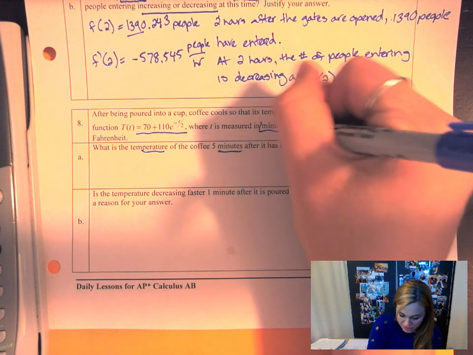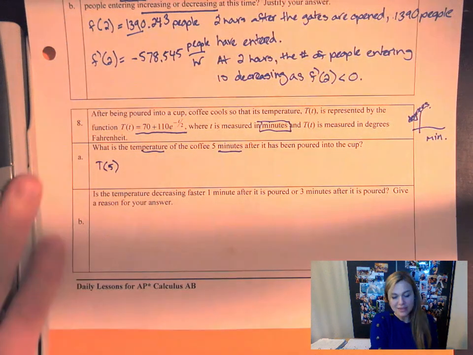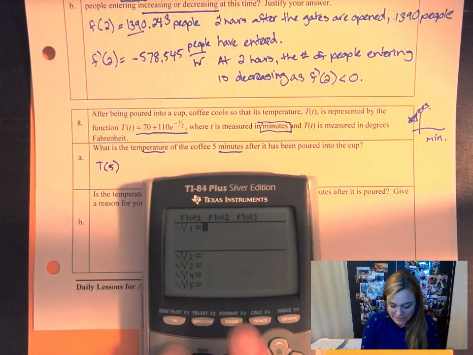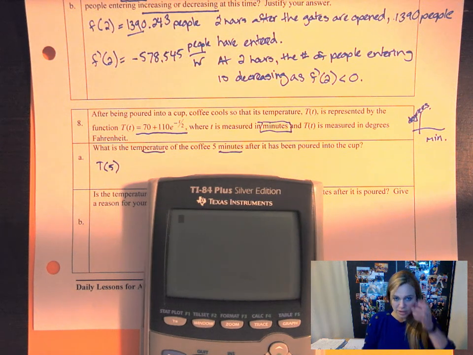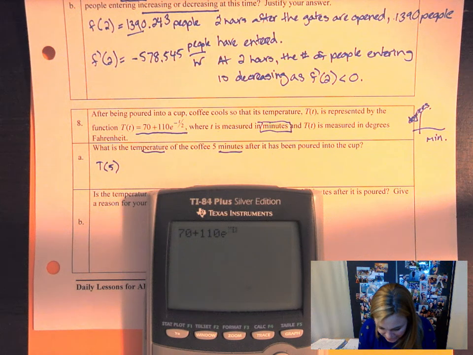This was in minutes, so I can just say, well, what's T of 5? And this one, I'm going to show you a little bit different. If you want to do this on the home screen instead, if your calculator hasn't been updated, you want to do it the same way that you did before. But if I go to the original home screen and say this is 70 plus 110 e to the negative t over 2.